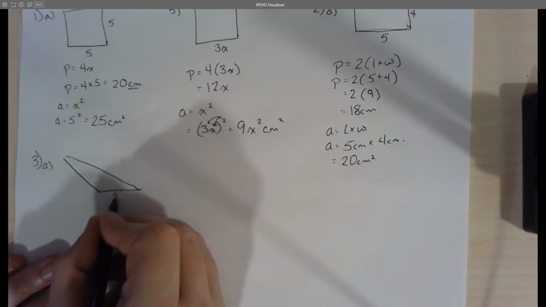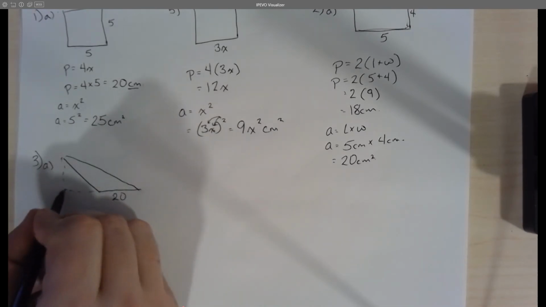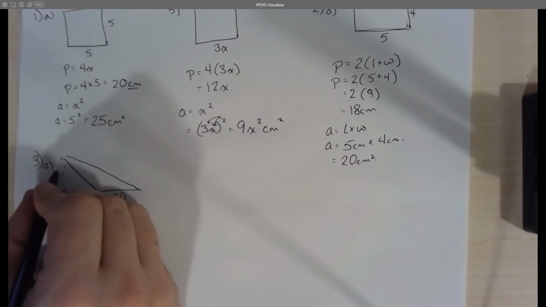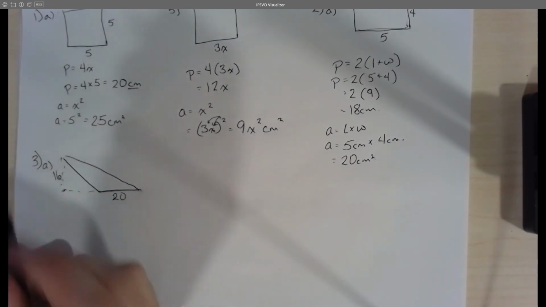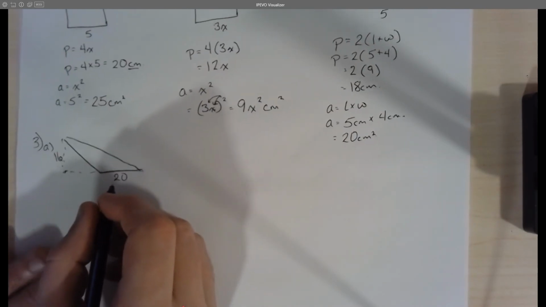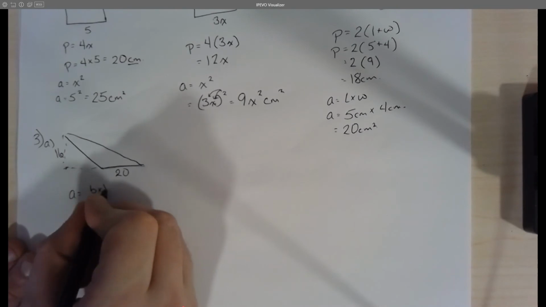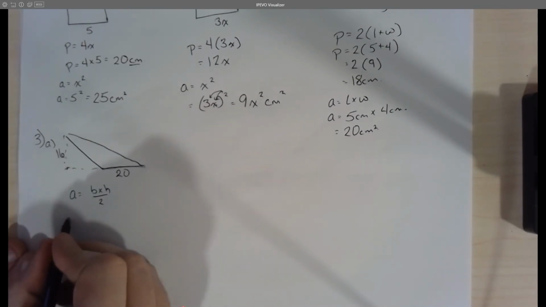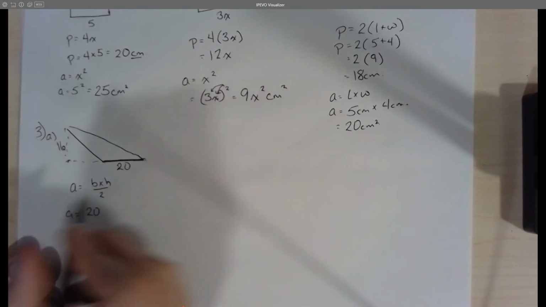We're told that this is 20, and we have a dotted line here, and that this number is 16. The 20 is going to represent our base for our formula, and 16 is going to be our height. Remember that our formula for the area of a triangle is that area equals base times height divided by 2. So in this case, our base is 20, the base of the triangle here, times the height.